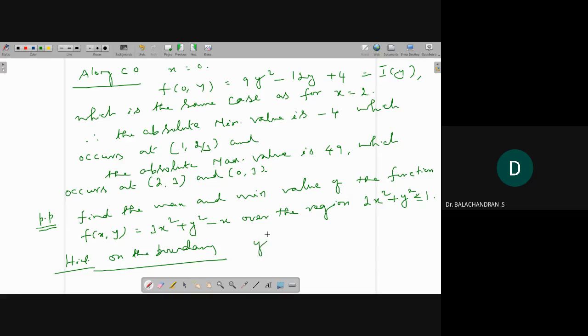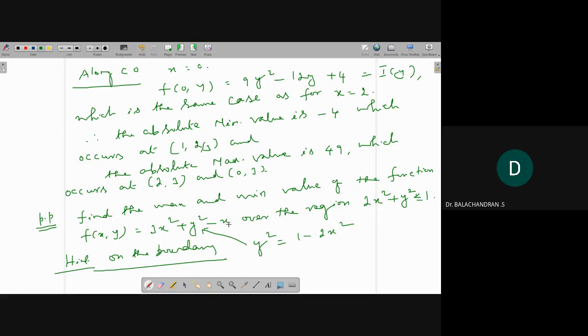So I'll take y square is equal to 1 minus 2x square. Now I'm going to substitute this y square equal to 1 minus 2x square here and convert into a function of x, a single variable.